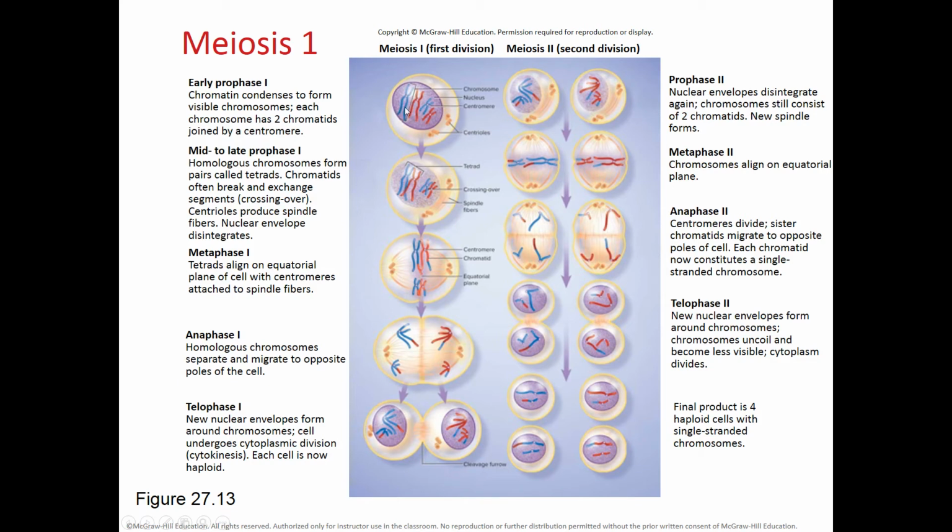So during early prophase, you have condensation of the chromatin similar to mitosis, in which you have the DNA condensing, forming visible chromosomes. And then you have these chromatids of the chromosomes joining in the center, which is called the centromere. As prophase is happening, you'll have crossing of some of these sister chromatids into what we call the crossing over, and then you will have exchange or swapping of pieces of the parental chromosome.